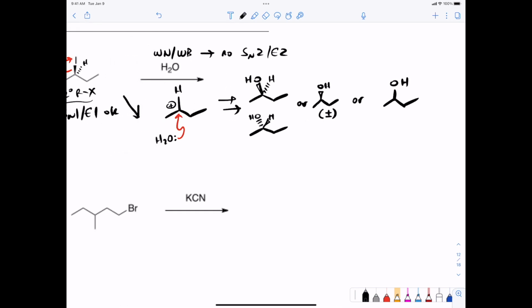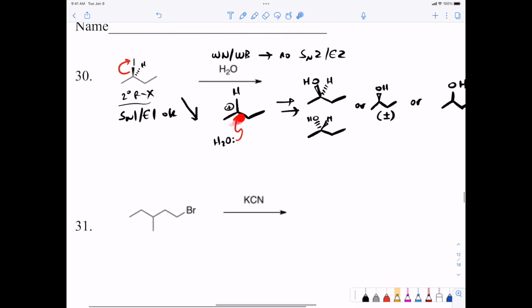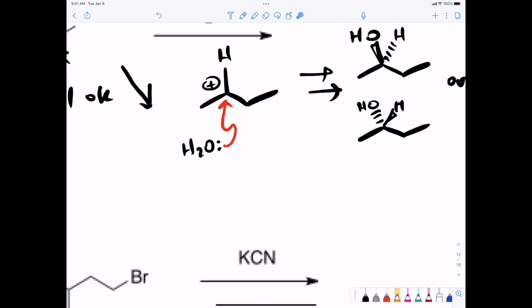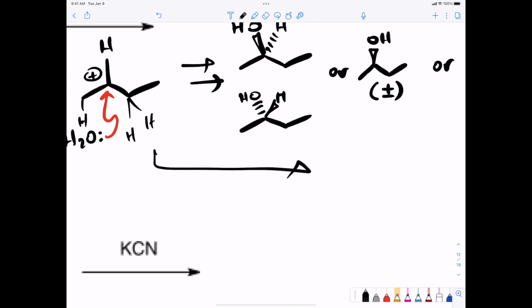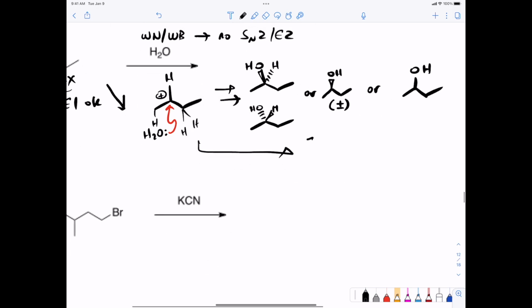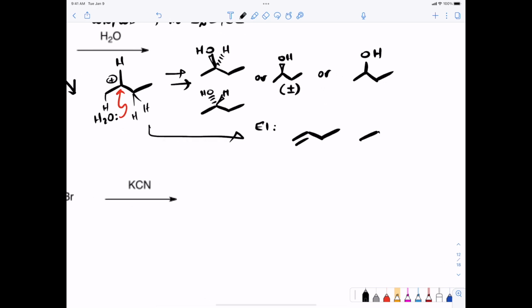Now, for the elimination products, you have to come back to the carbocation and identify beta protons. So without drawing the mechanism, the E1 products include this monosubstituted alkene, the trans disubstituted alkene, and the cis disubstituted alkene.